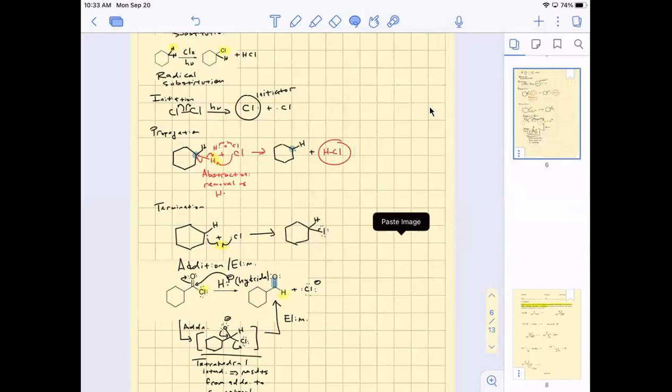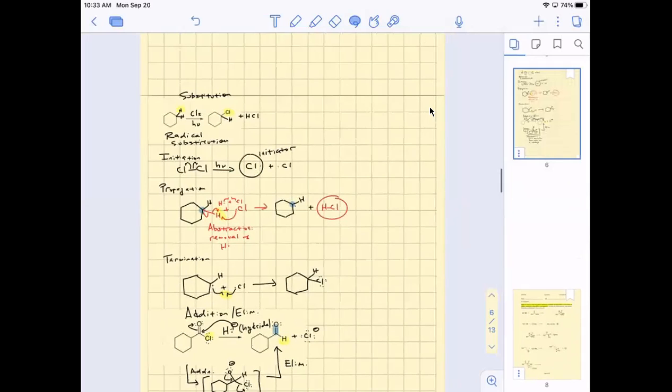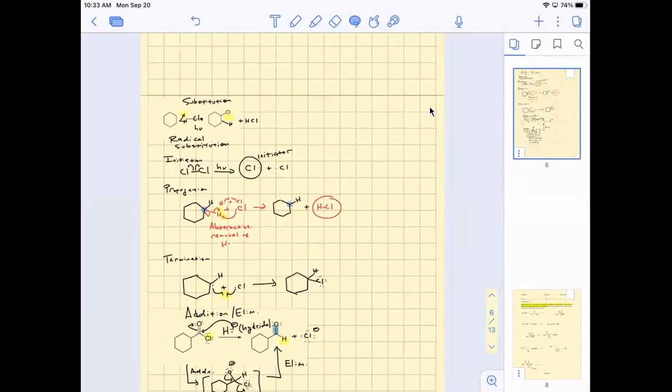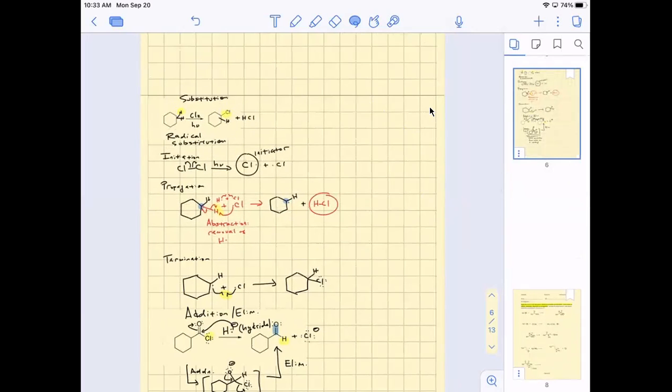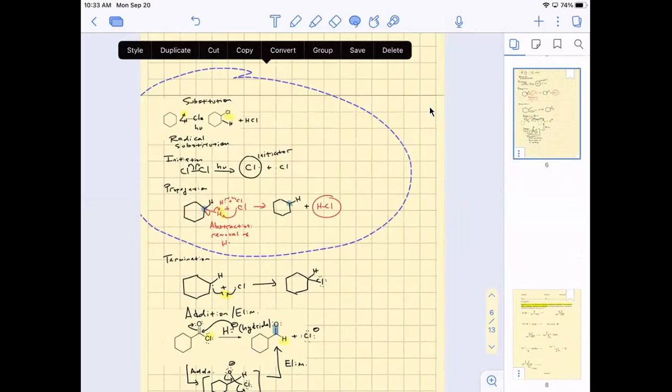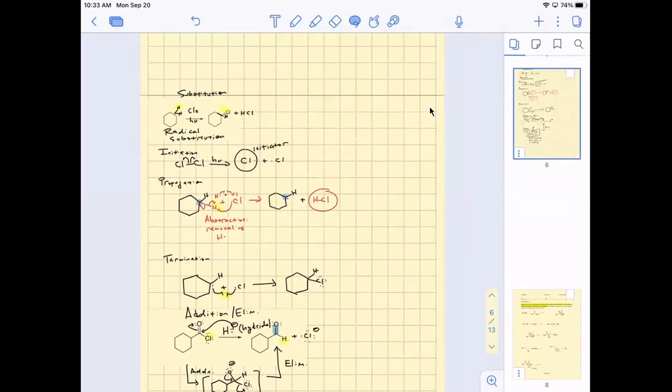We're going to make that happen. Let me fix this first though, because I don't want this to get cut off. I'll fix it later. But I know it's going to get cut off when I turn this into a PDF.